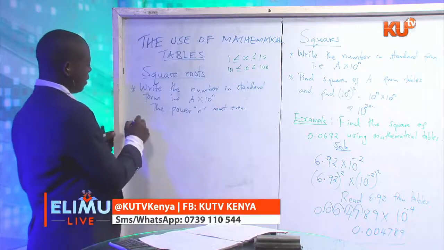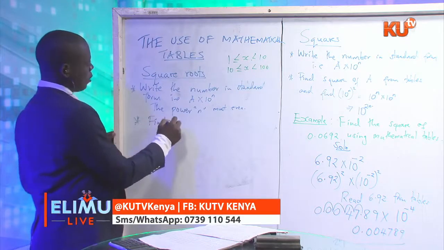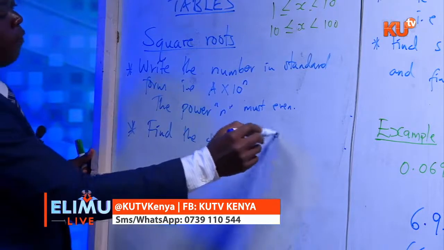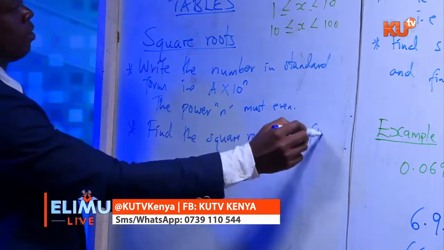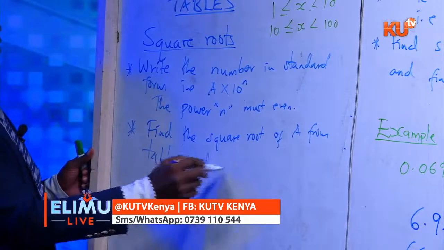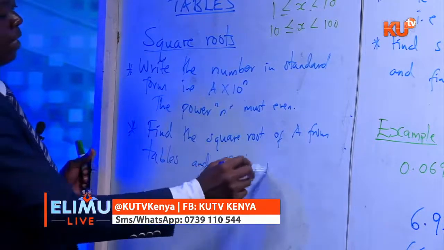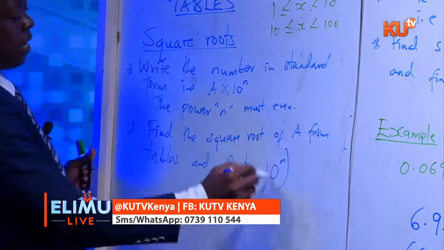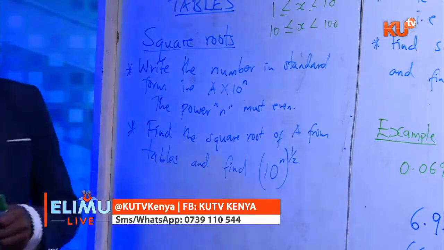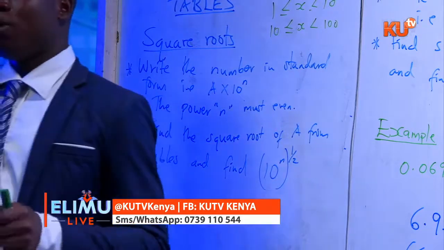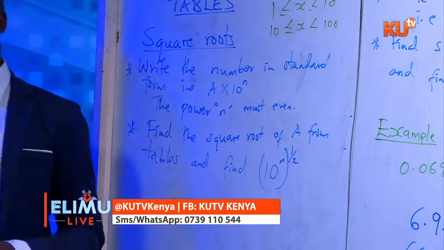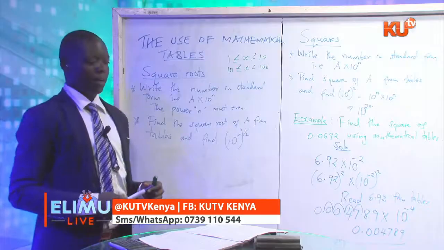We shall then find the square root of a from tables, and find 10 power n raised to 1 over 2. Now you should know again that when you raise a number to the power of a half, it means you are finding the square root of that number.